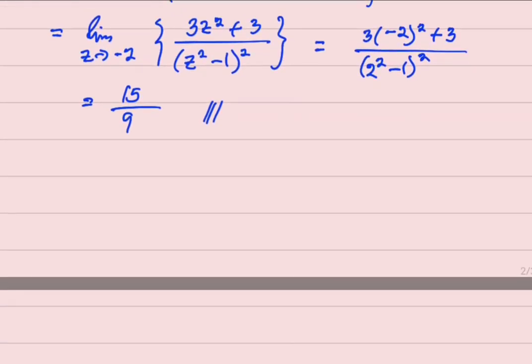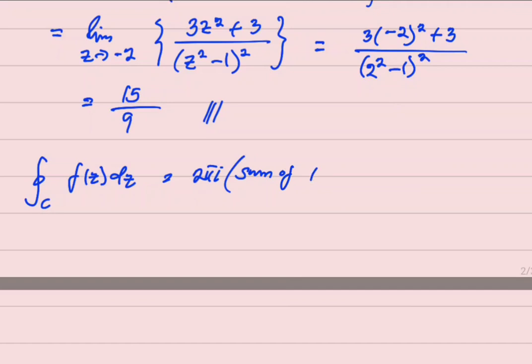So you know that the residue theorem says that integral of f of z dz equals 2 pi i multiplied by sum of the residues enclosed by C. So in this case, our C is only enclosing 1 and minus 1.